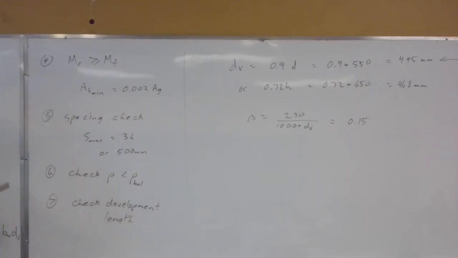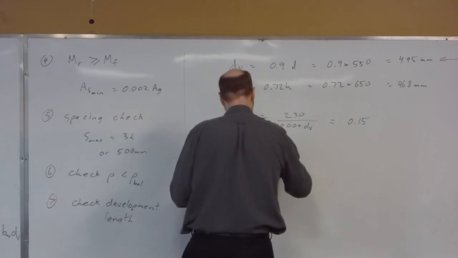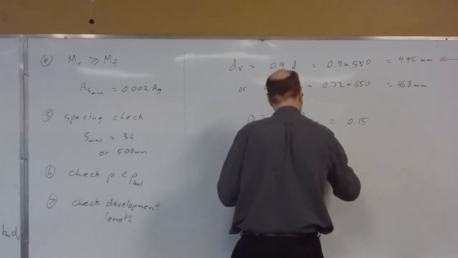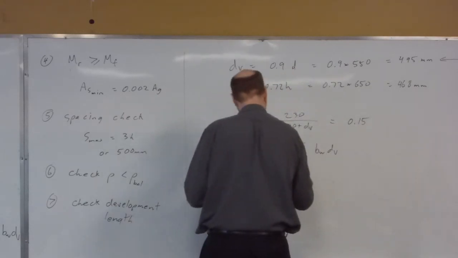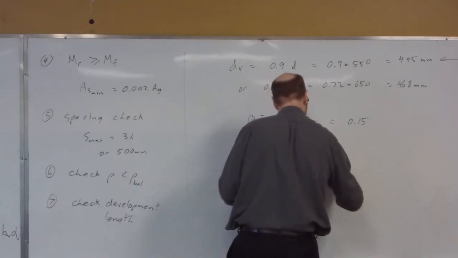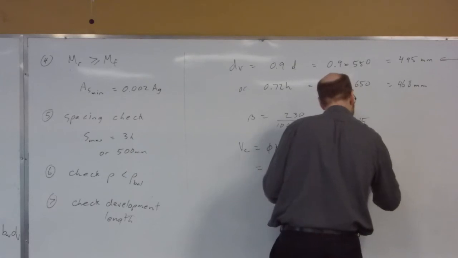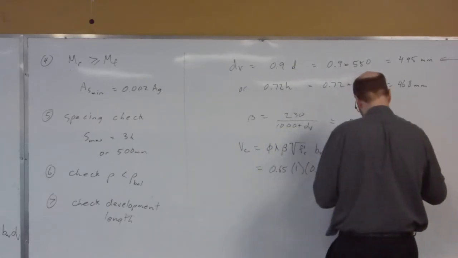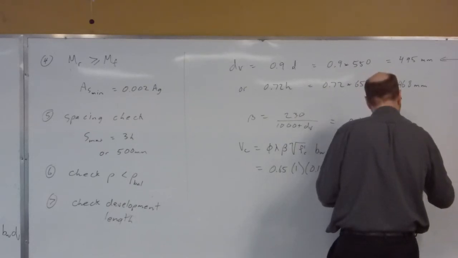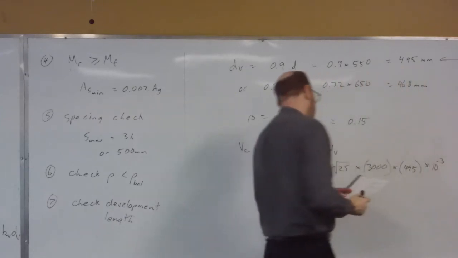Now I can stick everything into our Vc formula. So 0.65, lambda 1, beta 0.15, square root of 25. We're looking at 3 meters, so 3,000 millimeters here, and then times 495, and times 10 to the minus 3 to turn that into kilonewtons.